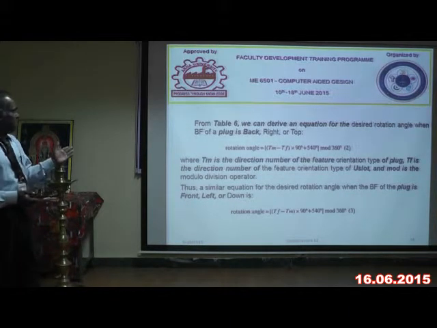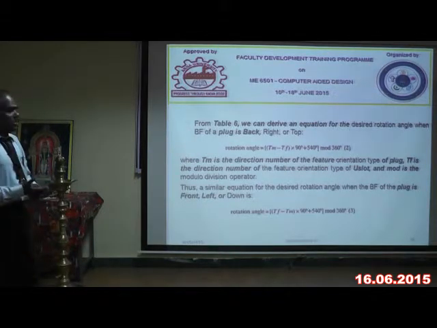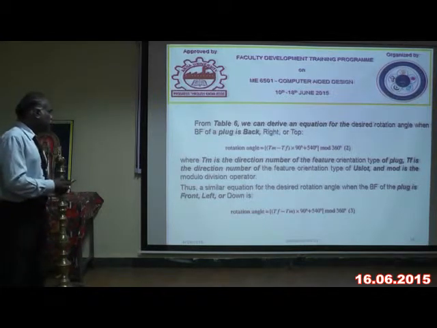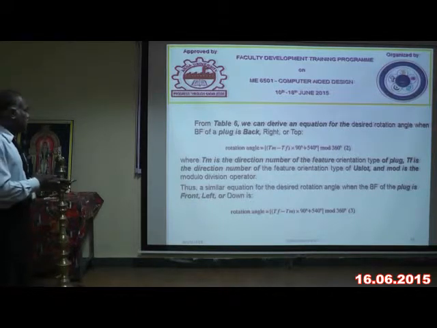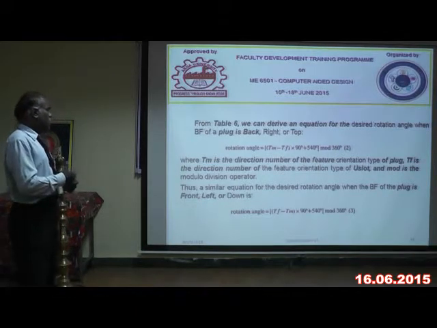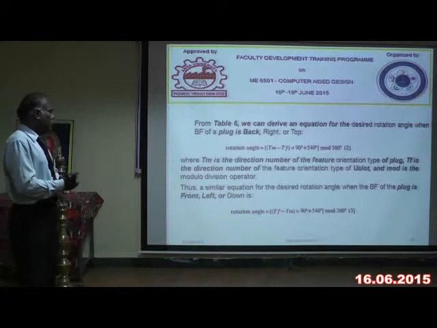From the previous table, we can write the following equations for the designed rotation angle when the BF of the plug is back, right and top. The rotation angle is equal to TM minus TF in the direction angles, plus the angles added with the bound direction.